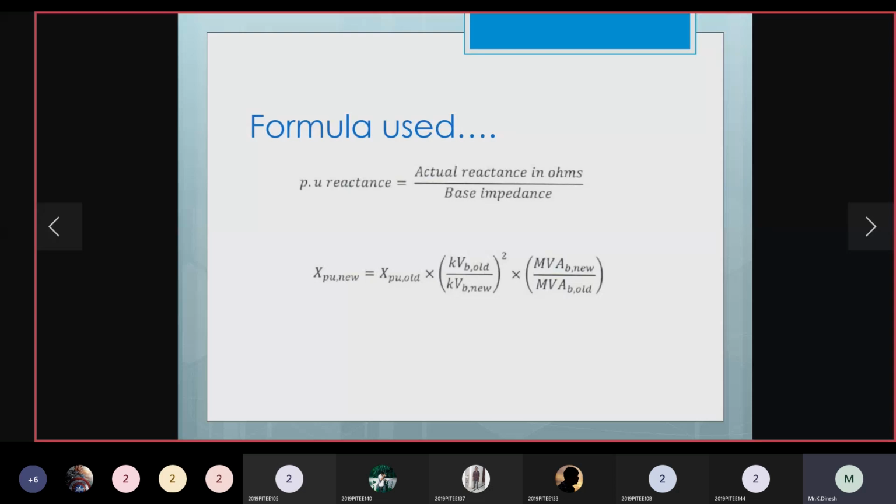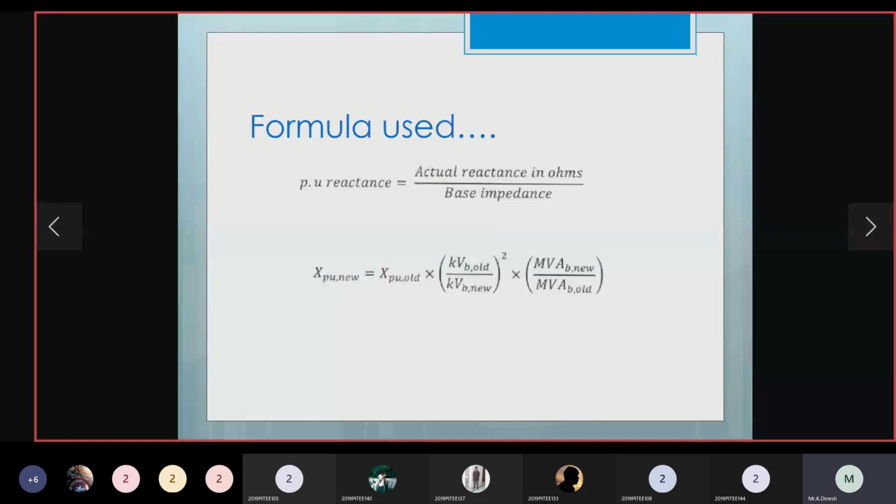The new values are what we have to estimate in the solution. I will show this with a numerical example.